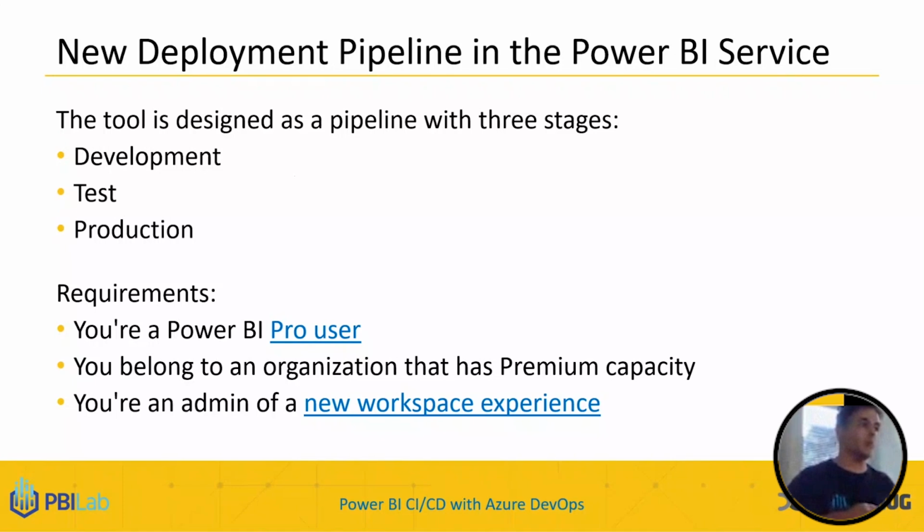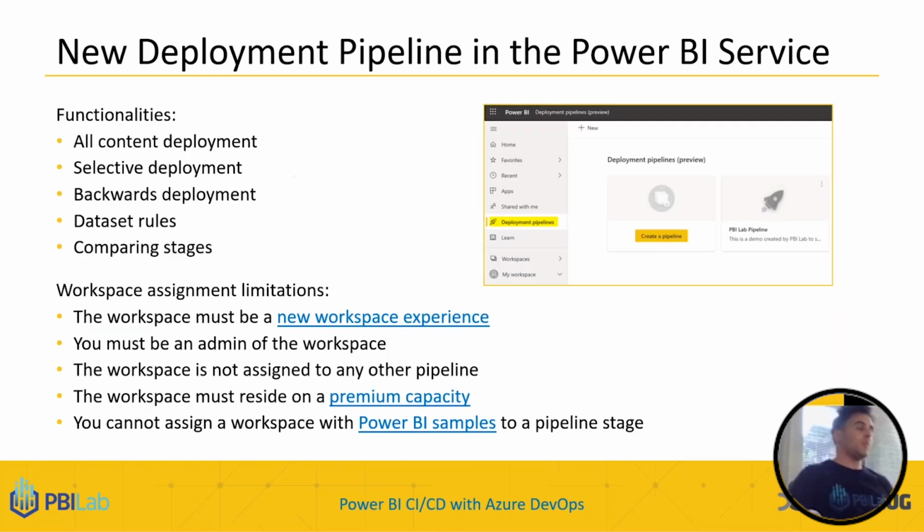You need to belong to an organization that has premium capacity, and you need to be an admin of a new workspace experience. Now, I do believe after testing that this is not completely true, because you need to be an admin or a member of that workspace. Because you know that there are 4 different roles for a new Power BI workspace: admin, member, contributor, and viewer.